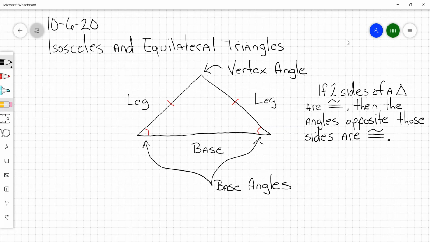If two sides of a triangle are congruent, then the angles opposite those sides are congruent. So if you get a picture of a triangle and you're told with tick marks that two sides are congruent, it's your responsibility to understand that those angles opposite those sides, these base angles, are also congruent. All right?